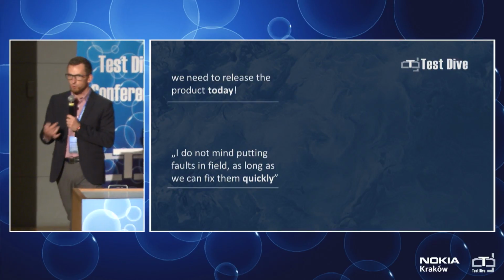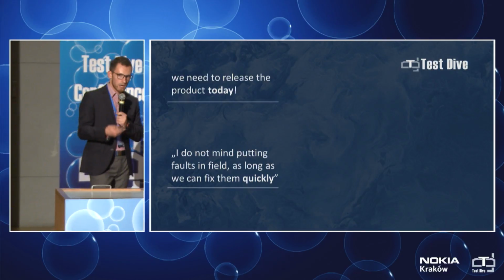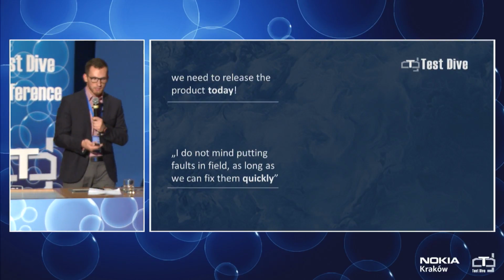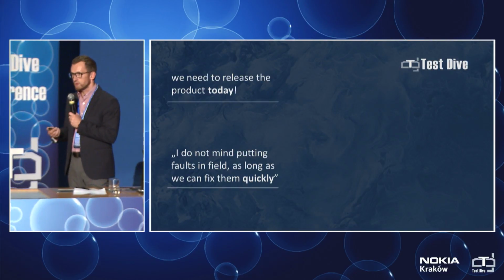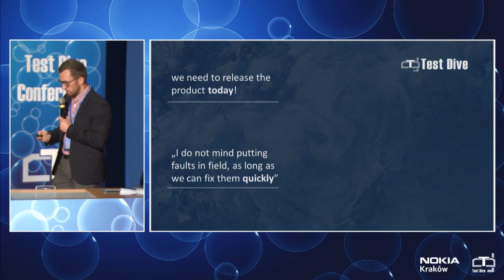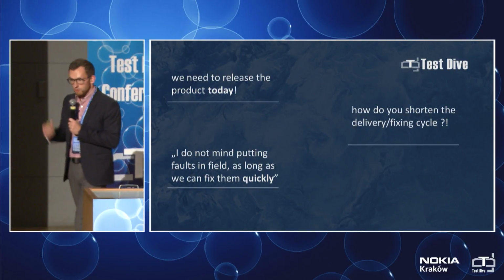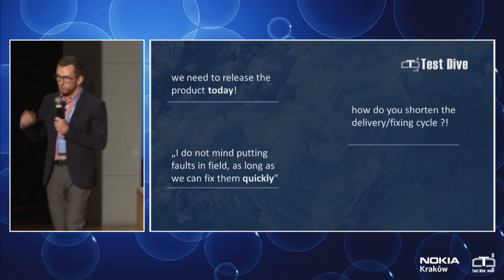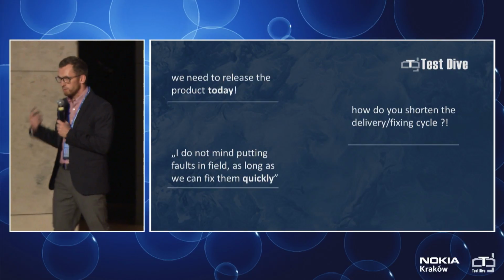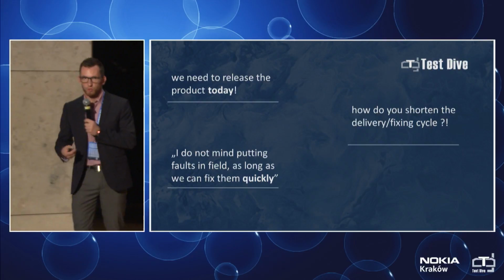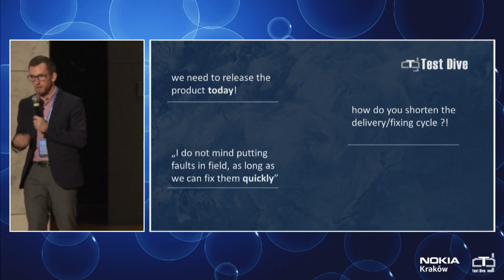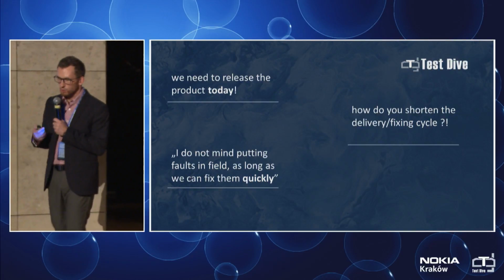I just need it to be good enough. And I need you guys, you R&D guys, to be able to fix the bugs from the field quickly. So again, going back to your product that you have back in the office, how do you shorten your delivery cycle, and how do you shorten your fixing cycle?